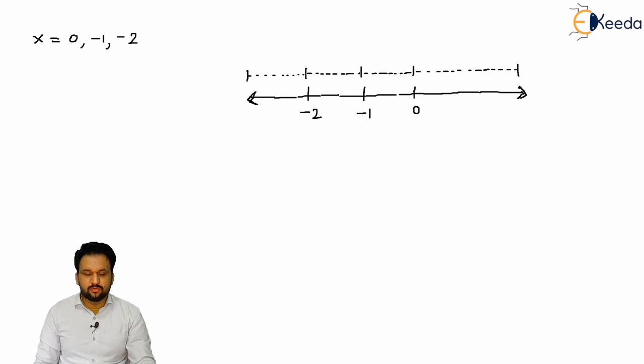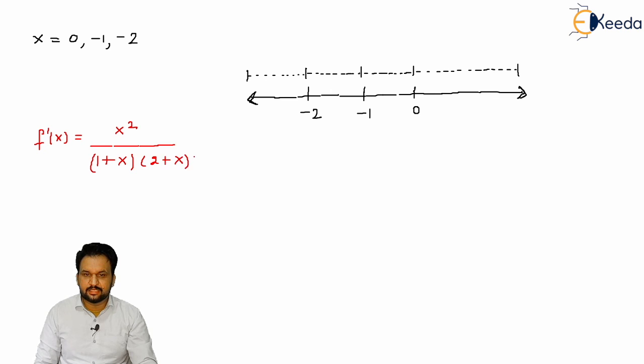Now what was your f dash x? That was a complete value in fraction form. So our f dash x was x square divided by (1 plus x)(2 plus x), having whole square. This was your derivative of the function.